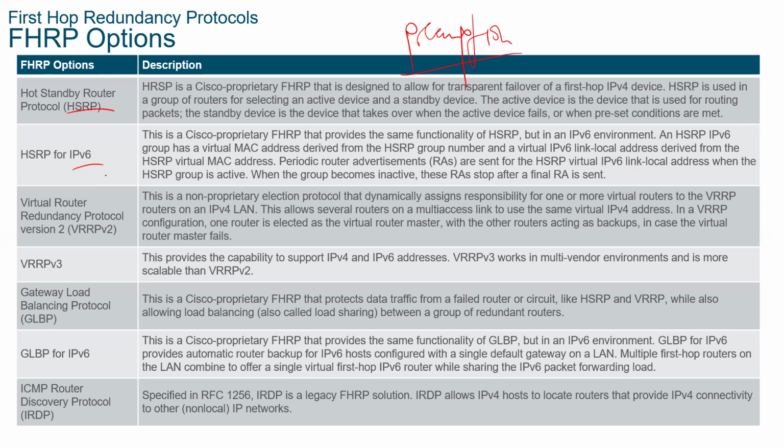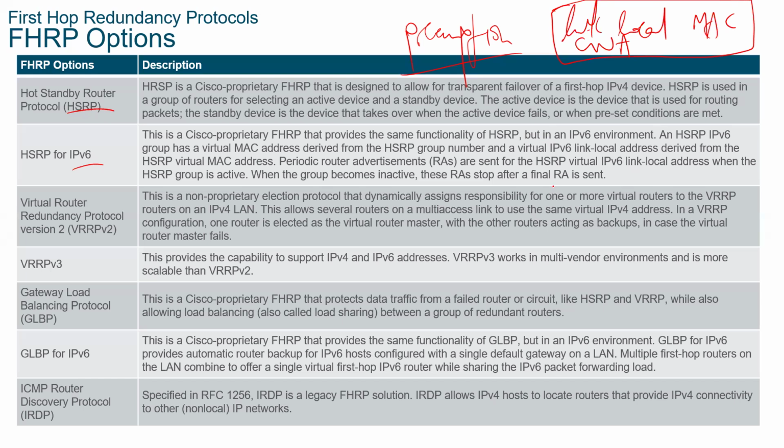Here, with IPv6, obviously, we now have a link local address. So there's a virtual link local address, there's a virtual GUA, there's also a virtual MAC address. So the group will be using these as the virtual addresses.